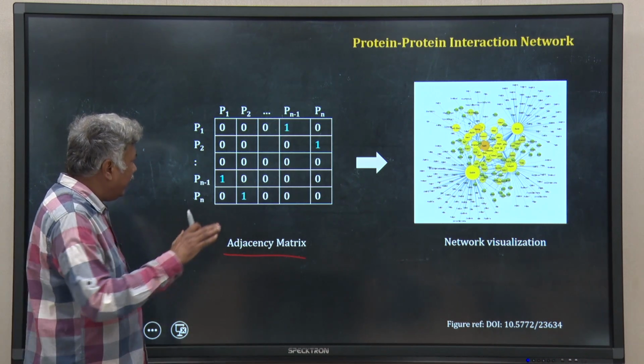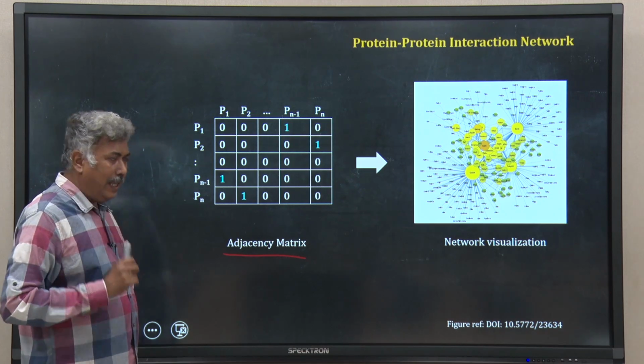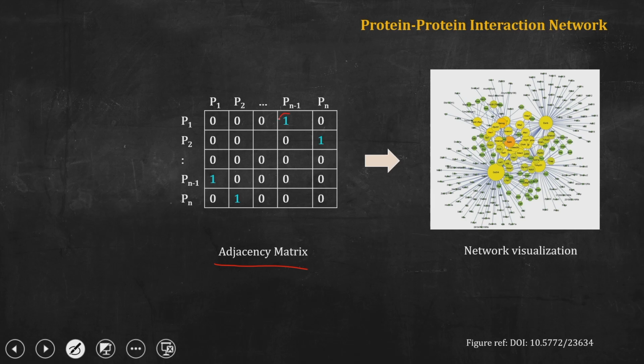Now, I have filled this matrix with 0, and then in specific cells I have put 1. For example, this one is 1. What does that represent? That represents that P1 physically associates with Pn minus 1.